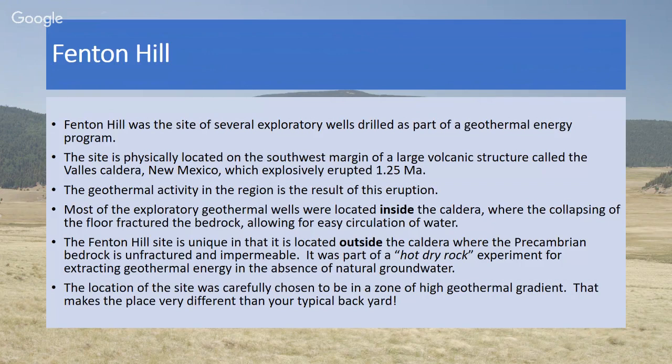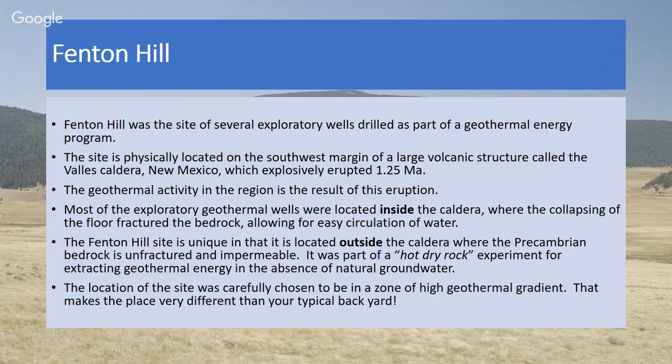So the question was, can we extract energy from other sources? In particular, it was an experiment called hot dry rock, which sort of says it all. Looking at rock that is hot, but it's dry. There's no groundwater flowing through it, so it's not a traditional hydrothermal system.